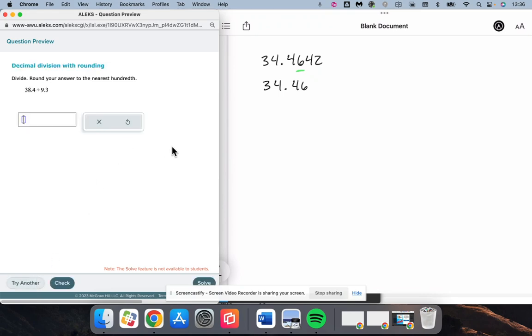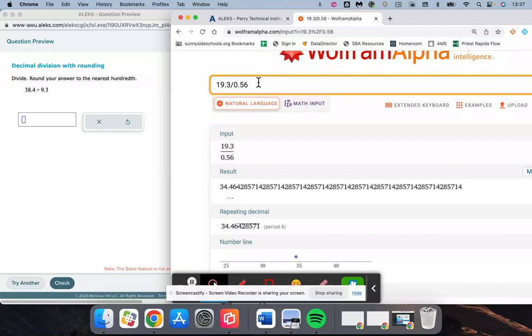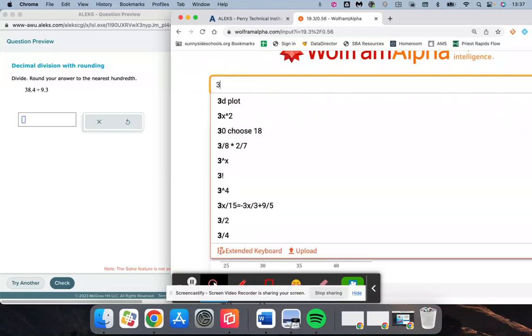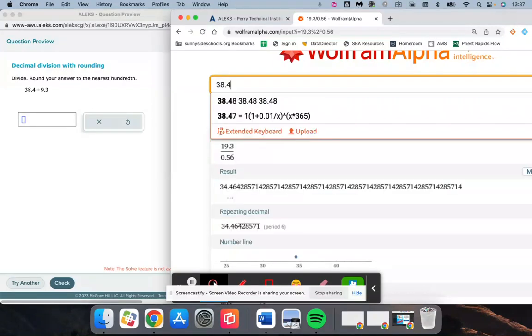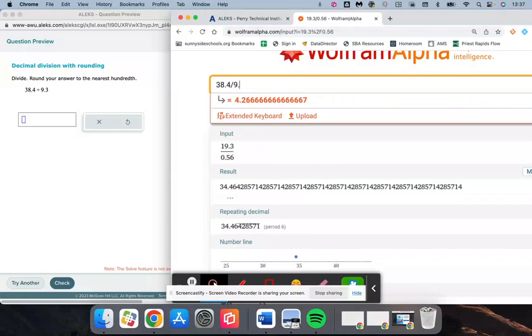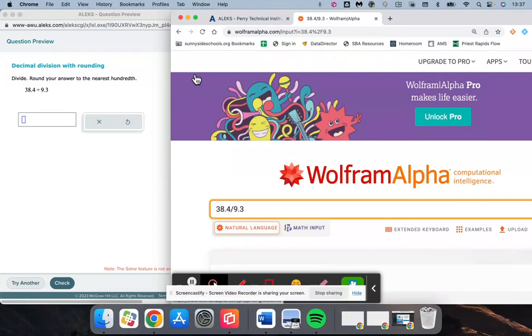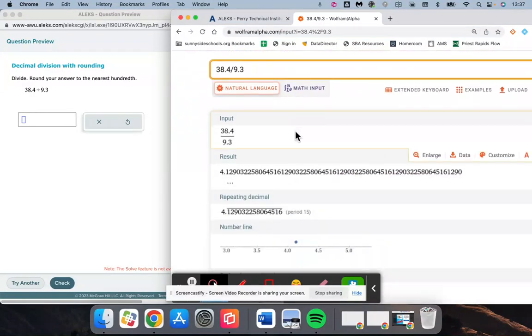Next, we have 38.4 divided by 9.3. We check our input to make sure that it matches what we wanted, and it does. I've got 4.12903.